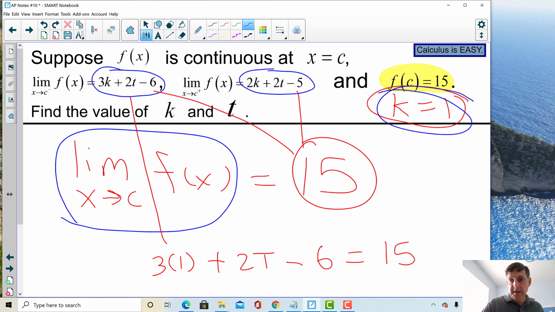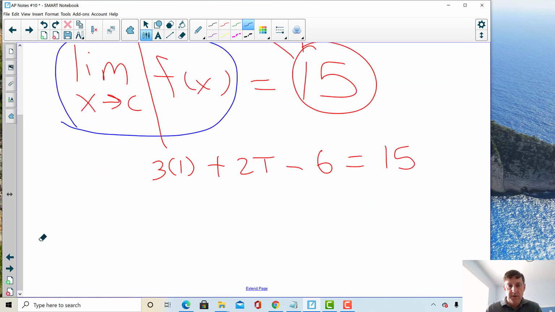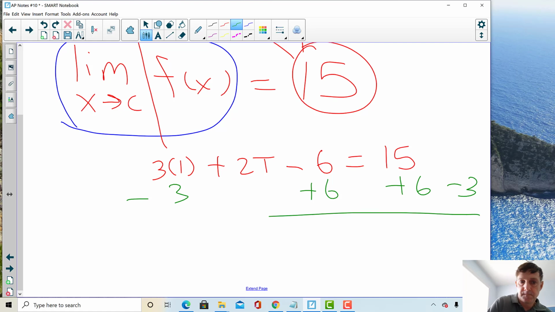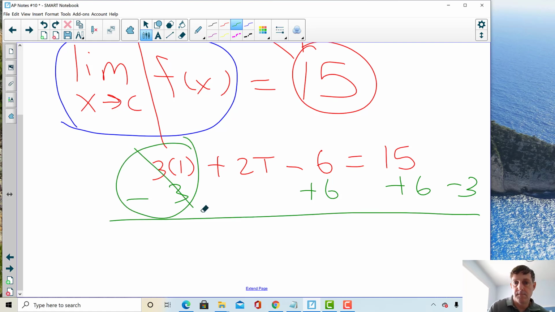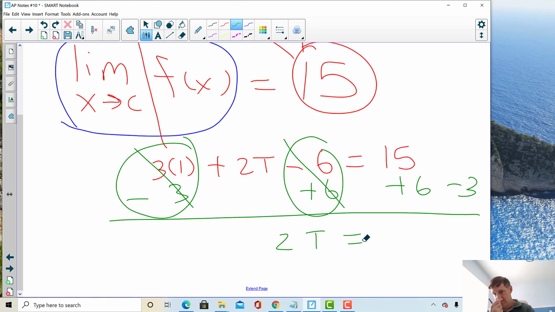Remember, I already know what k is, so I just need to figure out what t is. So I can solve this equation for t, add 6 to both sides, subtract 3 from both sides. Divide both sides by 2.